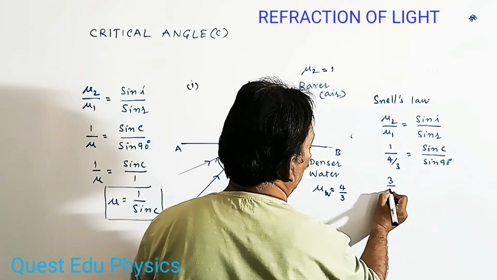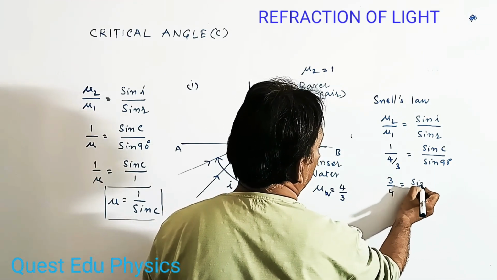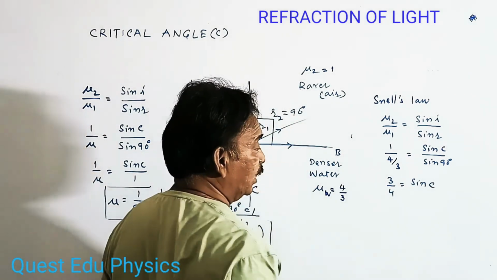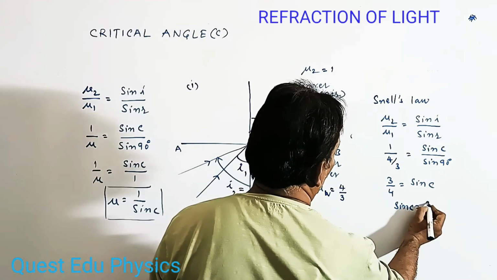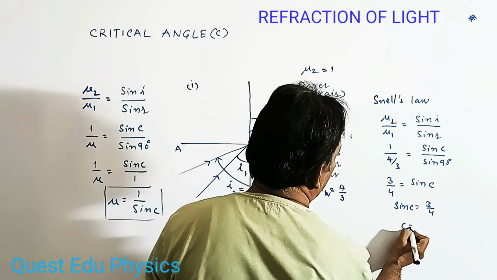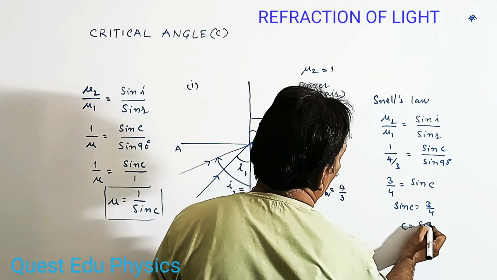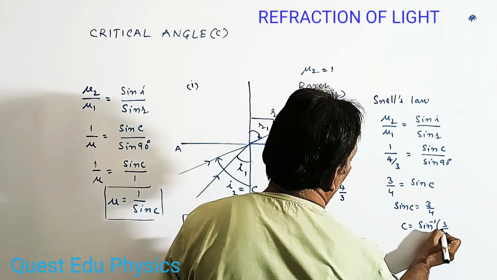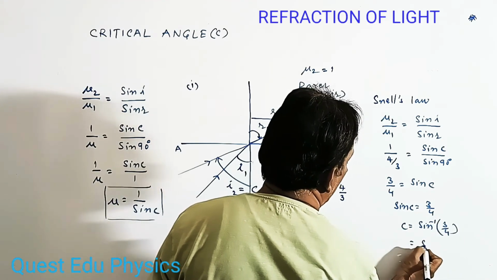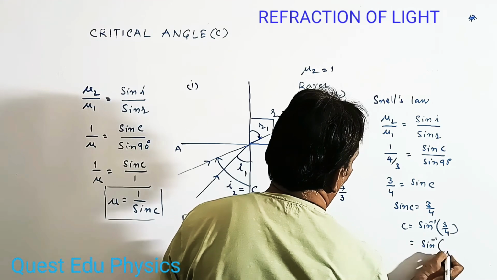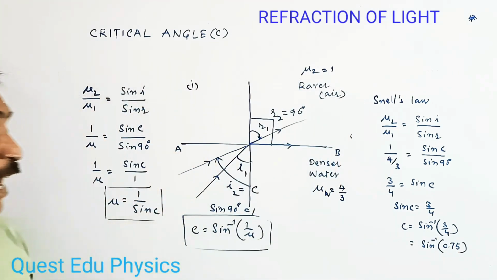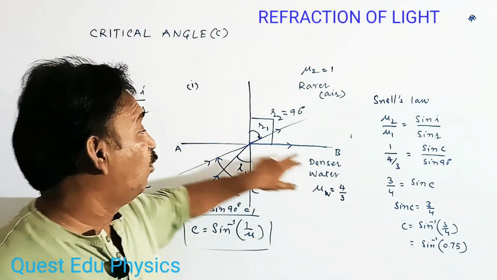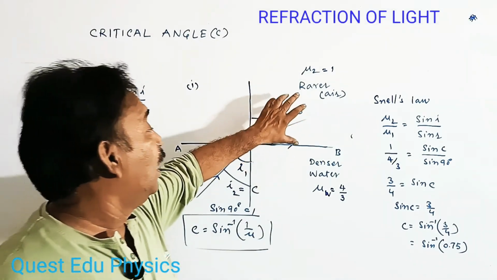It is 3 by 4 is equal to sin C. As you know, sin 90 is equal to 1, and sin C is equal to 3 by 4, and C is equal to sin inverse 3 by 4. Students, it is sin inverse 0.75. It is the critical angle at the water and air interface.